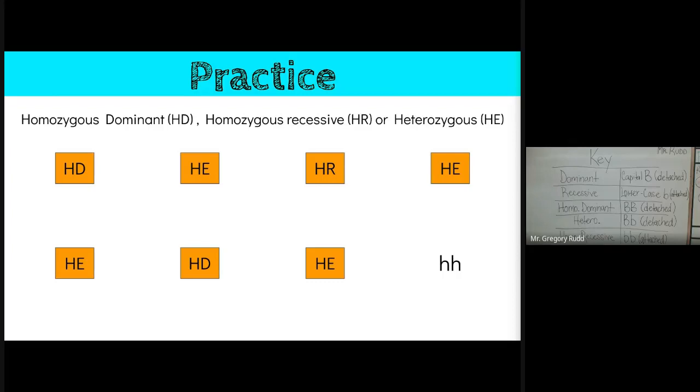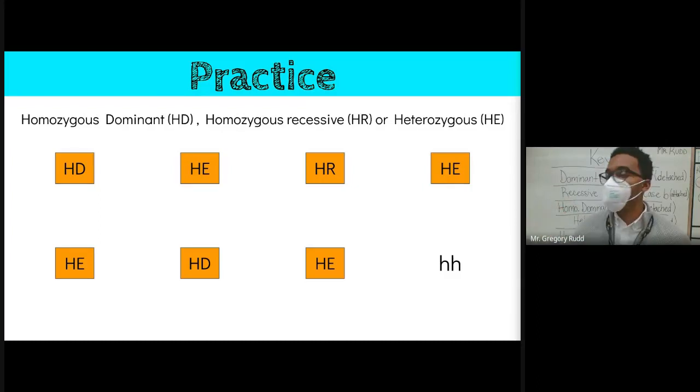HR is correct. So Alex was telling me that these are two lowercase letters, which means that they are the same. That means that we're looking for the prefix homo. We can rule out heterozygous. Hetero means different. Now we want to know, is it homo dominant or homo recessive?